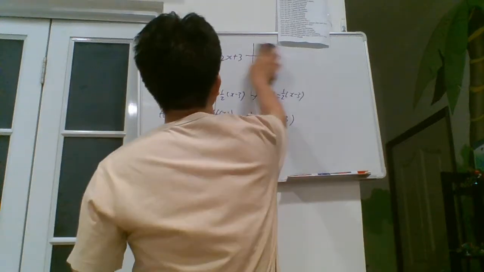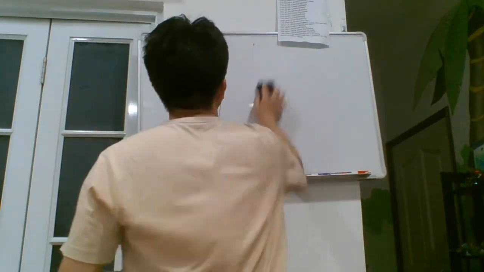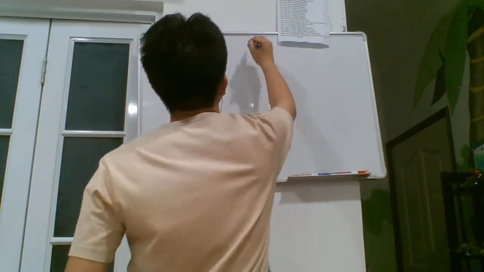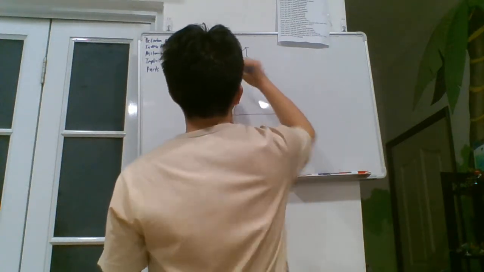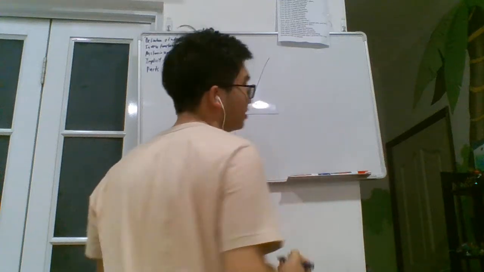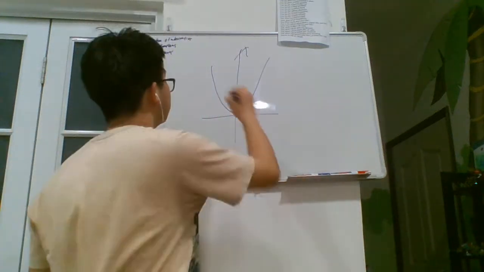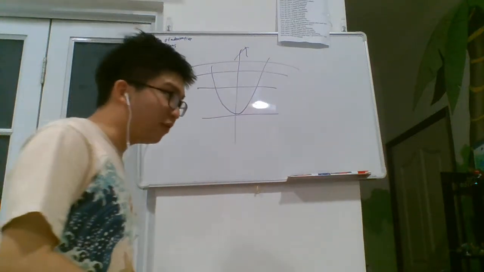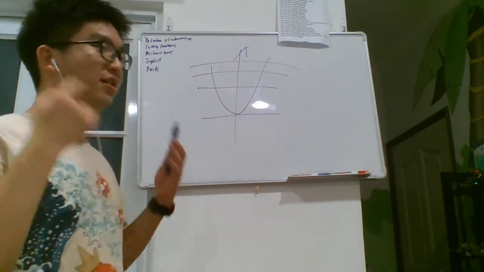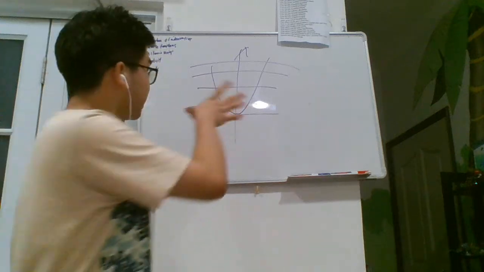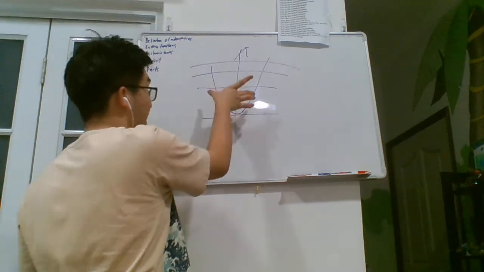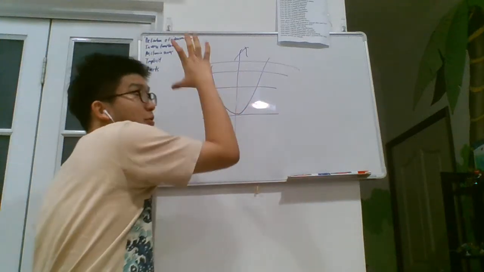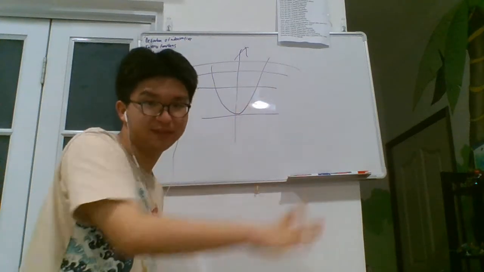This test is called the horizontal line test. So let's use my y equals x squared example again because I'm lazy. Using the horizontal line test, you realize that there will be two intersections. However, for a function to have an inverse function, the horizontal line should only cut the graph once. This means that y equals x squared does not have an inverse function.